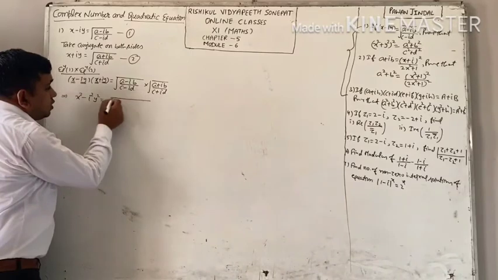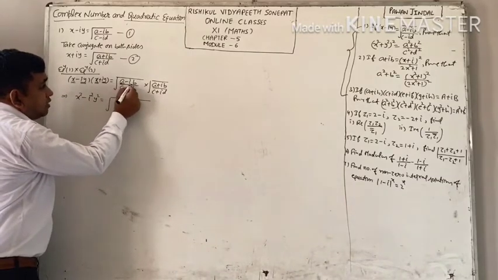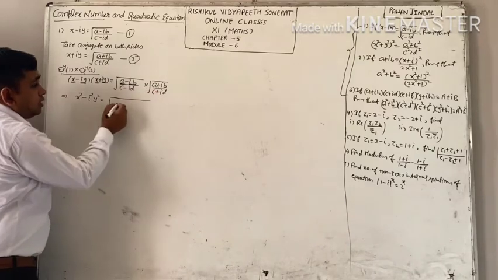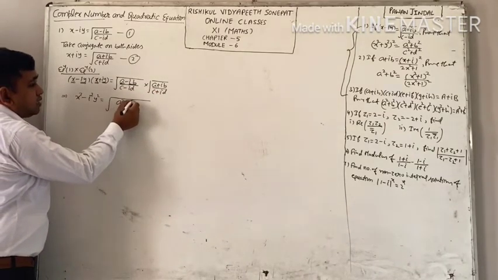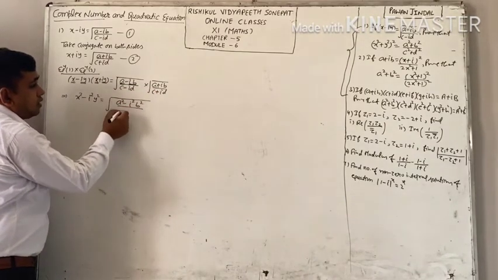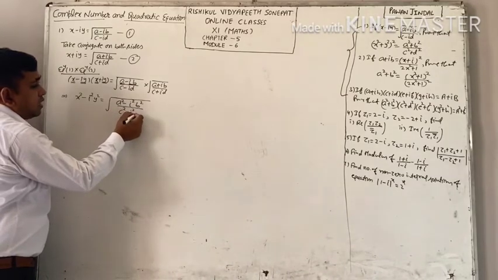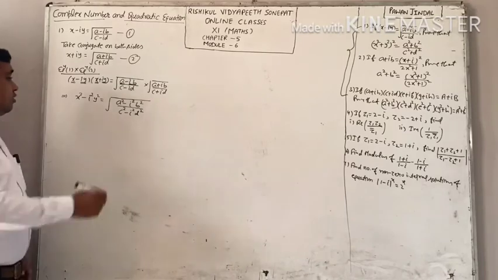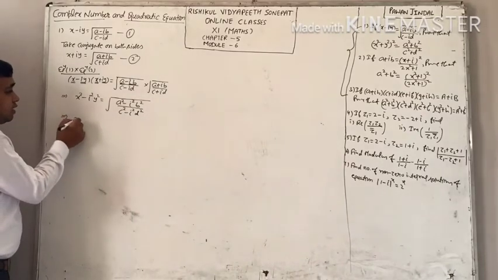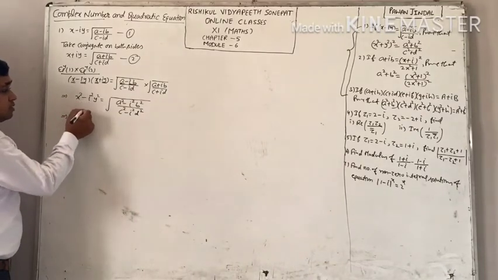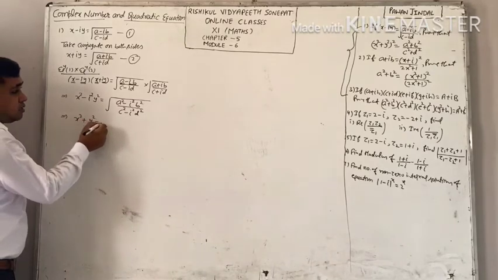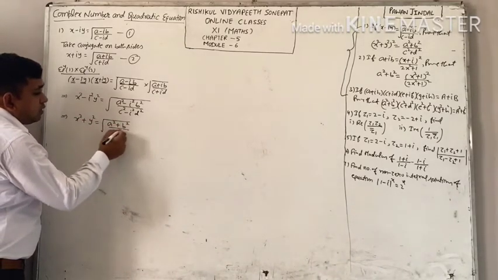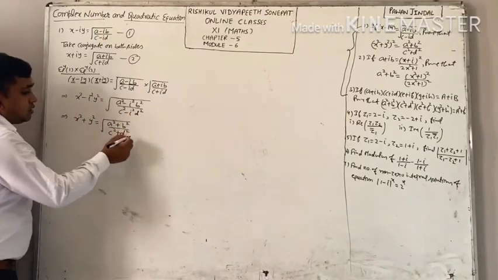Here also, let it be a, this complete iota b is b. A minus b, a plus b is a square minus b square. Here you will get c square minus iota square d square. We know the value of iota square is minus 1. Put it here, minus 1. Minus minus becomes plus. This is equal to under the root of (a square plus b square) divided by (c square plus d square).